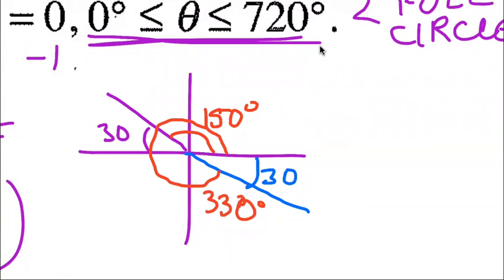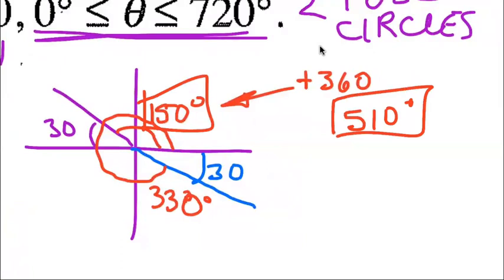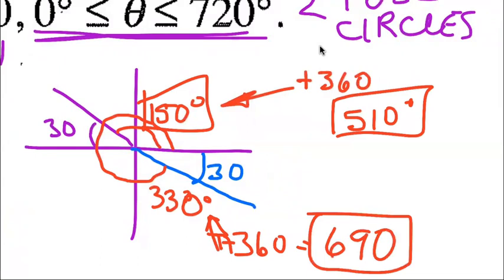In another full circle, though, you would take this, because it's another full circle to get there, and you would add 360. So that's going to be 510. 150 and 510. And then here, of course, you're going to add 360 as well. That's going to give you 690 degrees. So there's your 4 possible answers.